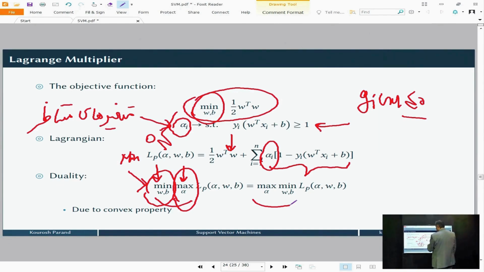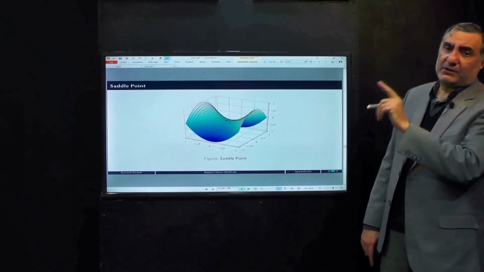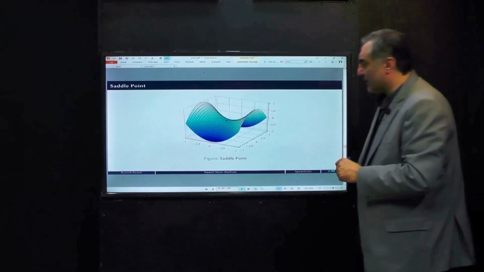Are these two equivalent? This is a saddle point. What's a saddle point? That's been explained as well. I'll introduce it to you again. It's in the mathematical background, and it was discussed in that session.